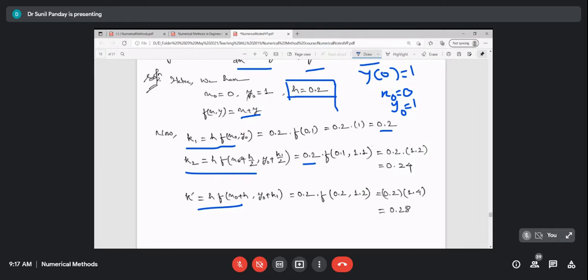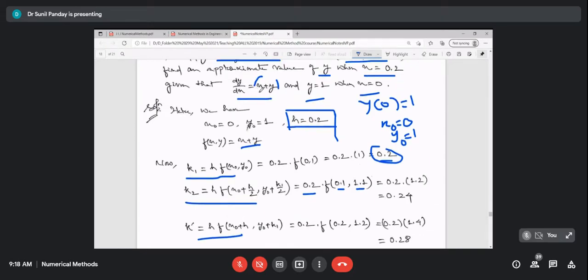Here x0 is 0, h is 0.2, divided by 2 is 0.1, y0 is 1, and k1 is 0.2, divided by 2 is 0.1, and after adding to 1 we will have 1.1. Then x plus y: 0.1 plus 1.1 will give us 1.2, and then this is multiplied and you will get this one.